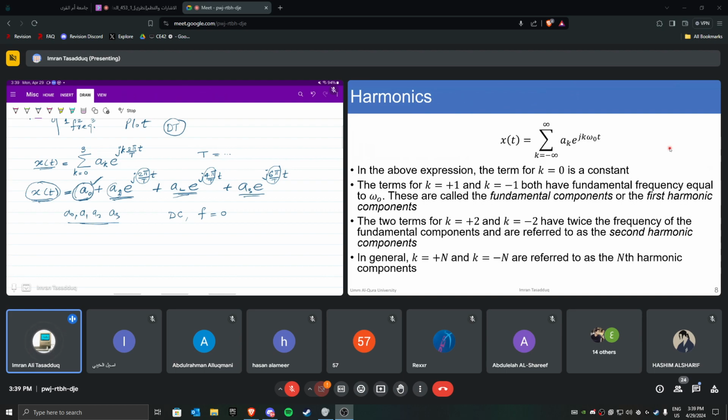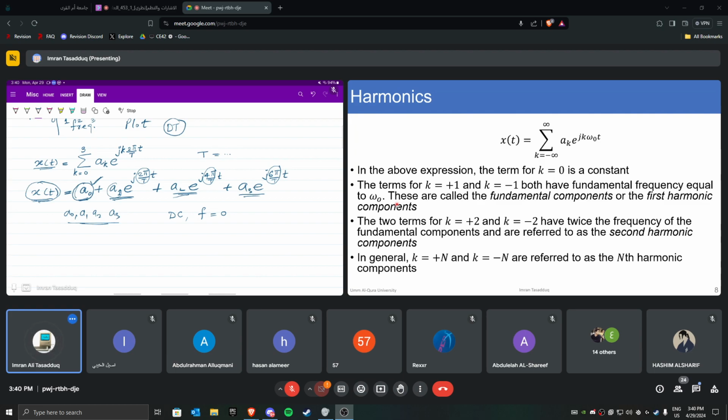Now if you look at it in more detail, when k is equal to 0, this is a constant. We just saw it's going to be just a naught. When k is plus 1 or minus 1, this is called the fundamental frequency. Remember when we were talking about periodic signals, we said that capital T is the fundamental time period.